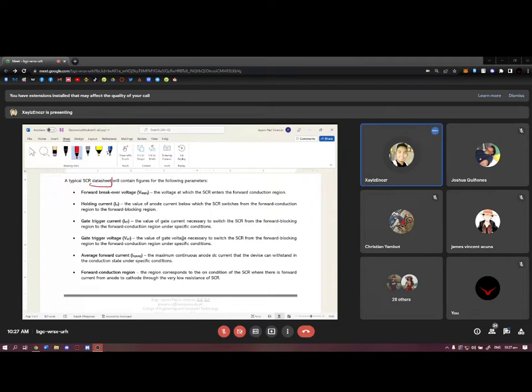Ibig sabihin, kapag na-fire na si SCR or nag-turn on na si SCR, yun yung voltage na ma-measure mo kapag nag-start na siyang mag-conduct ng current upon firing. So, pag na-on si SCR, then pag nag-start na siya mag-conduct, kung ano yung voltage na ma-measure before siya mag-conduct after firing, that is the forward breakover voltage.